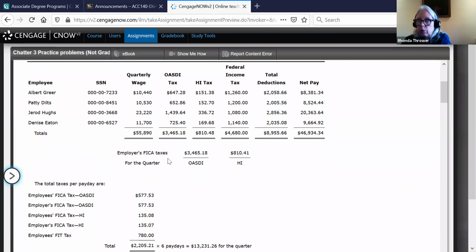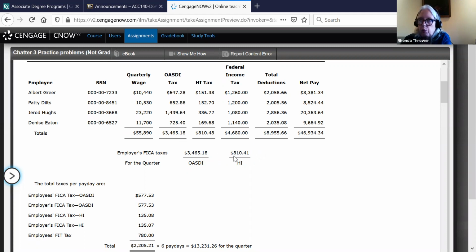Then they figured the employer's FICA taxes. And the employer's FICA taxes is based on the total amount of the quarterly wages. The total amount of the quarterly wages, this $55,890, would be multiplied by 6.2%, and that will give you this. There were no rounding errors, so it was the same as what the employee contributed. The employer also matched that amount.